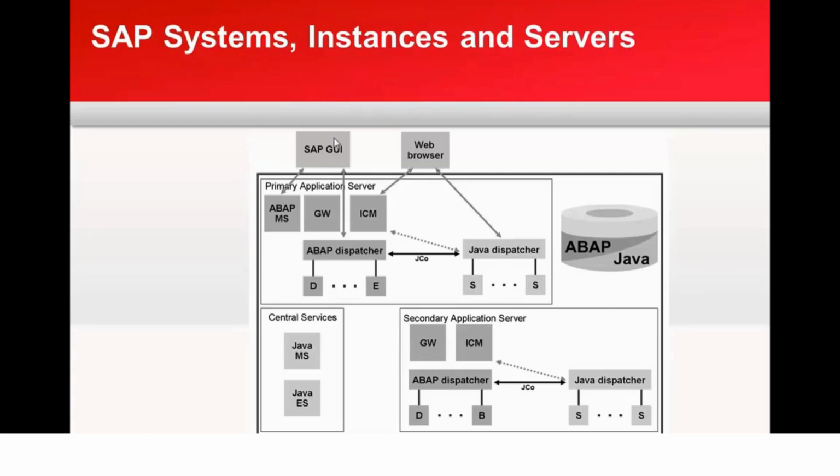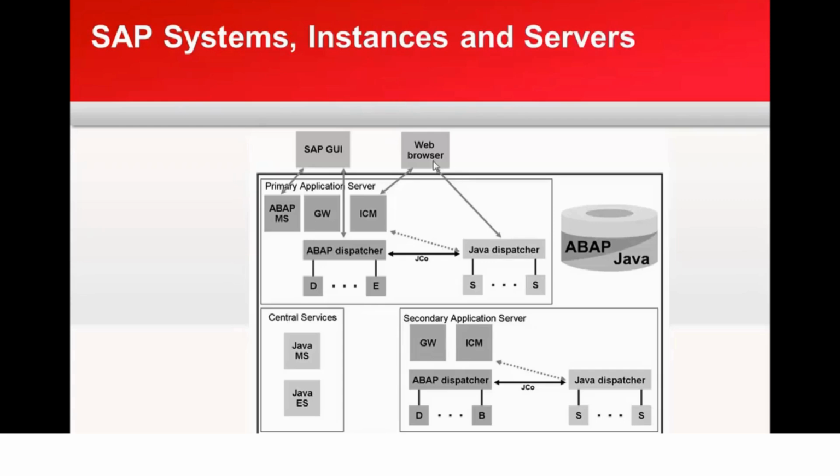In this you can see you have SAP GUI and a web browser. Using SAP GUI, you connect to the primary application server, that is the ABAP message server. Then you have the gateway and the ABAP dispatcher, and the dispatcher in turn dispatches to the work processes, the background process, and the enqueue.